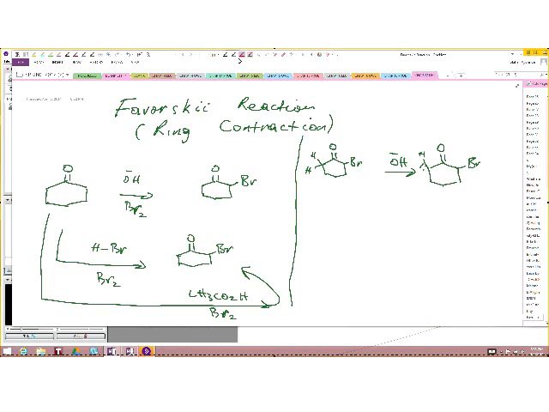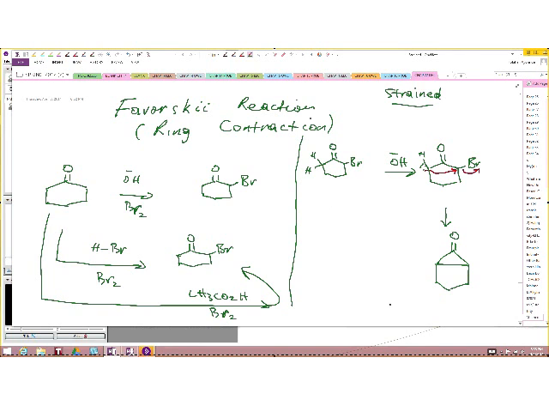We are going to get an intramolecular SN2 reaction. This enolate simply comes here, attacks this carbon, kicking this out. And then you form this intermediate. This three-member ring intermediate is very strained. In other words, it is very reactive.